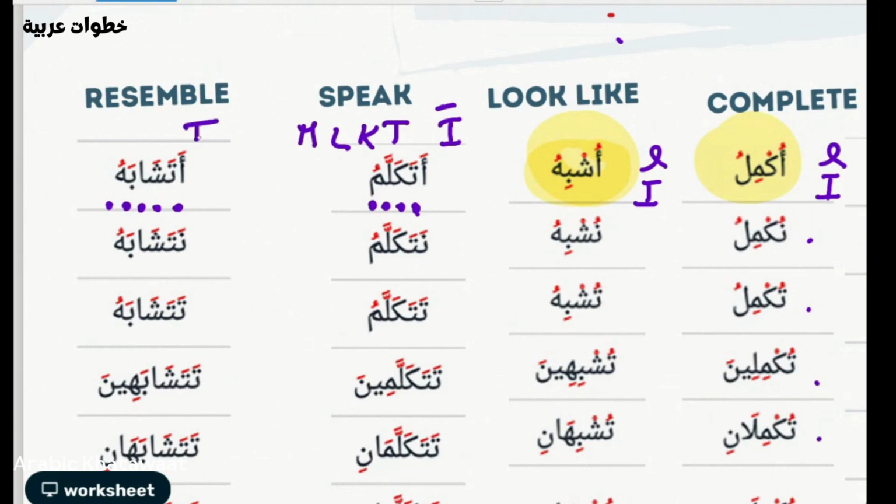So I have the T, I have the sh, and I have a long vowel. I can just put an X here because long vowel does not have another letter or sound. And then I have B and I have H. So I say tashabaha. And the I over here has a fatha because the verb does not start with A, like أكمل or أشبه.